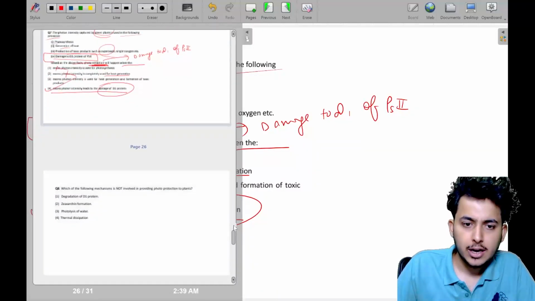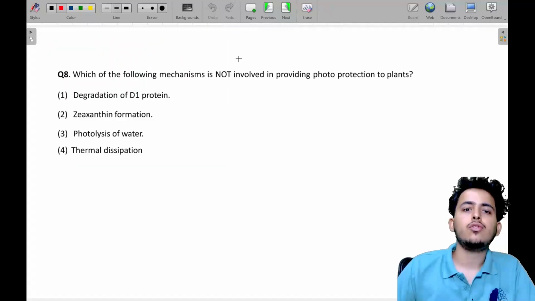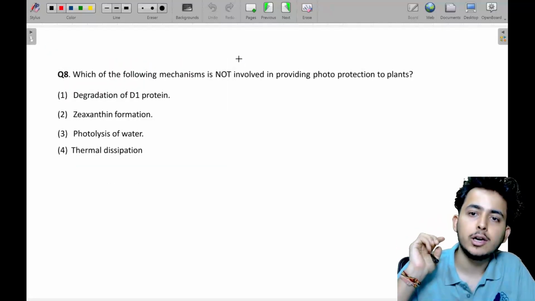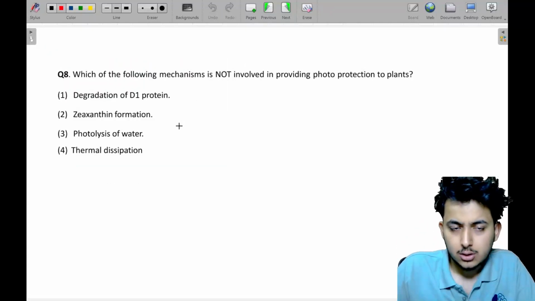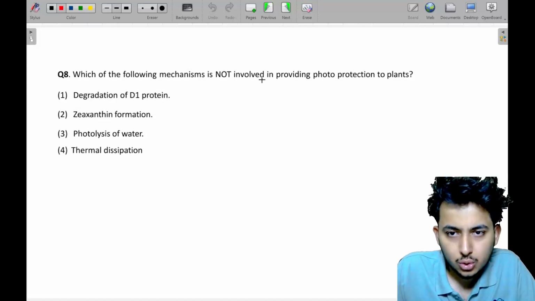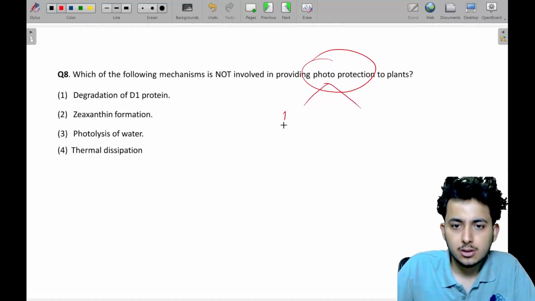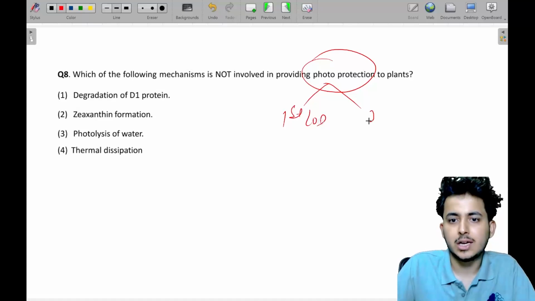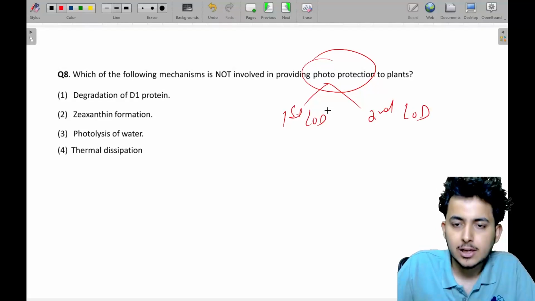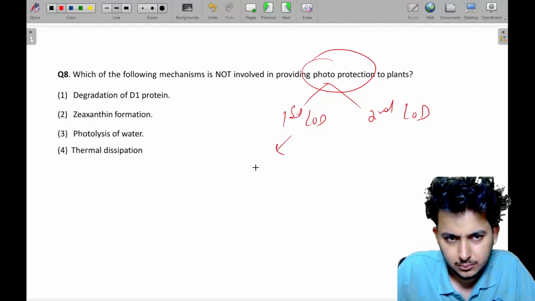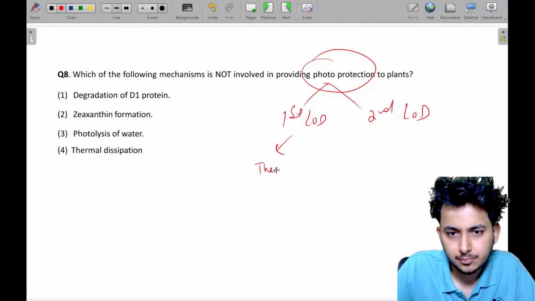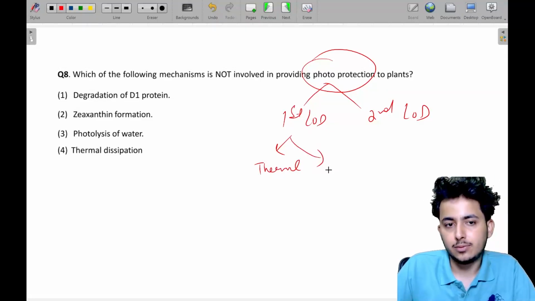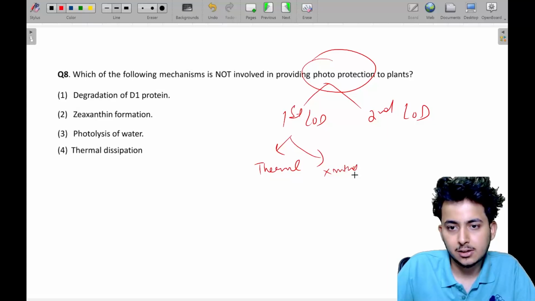If we look at it further, which of the following mechanisms is not involved in providing photoprotection to plants? So I told you that in photoprotection you have the first line of defense and the second line of defense. In the first line of defense you can have thermal dissipation and the xanthophyll cycle.